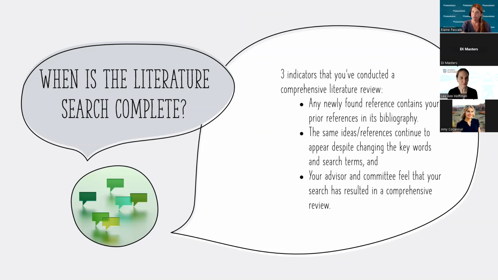What I would do when I'm at that point where I think I've exhausted my search, but I'm not quite sure, is make an appointment with a librarian, because they are wizards at this kind of thing, and they might find that one stone that you didn't turn over, or they might say, yeah, you've done it, you've exhausted everything.